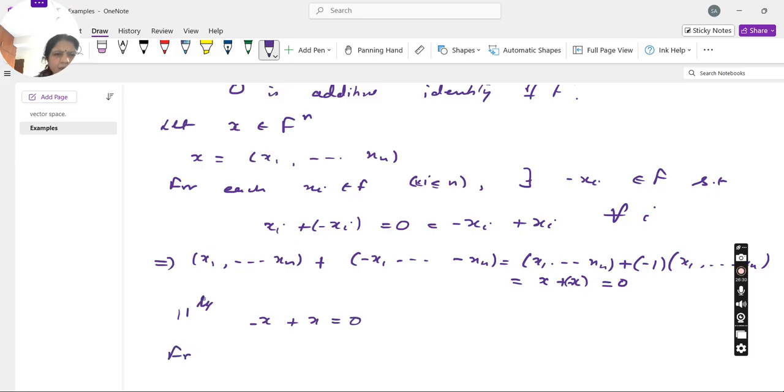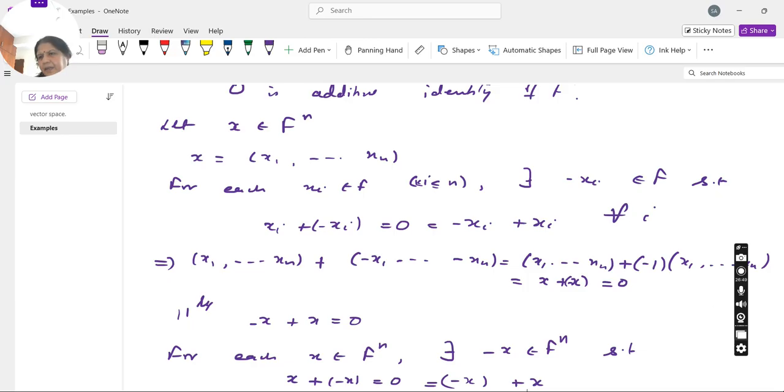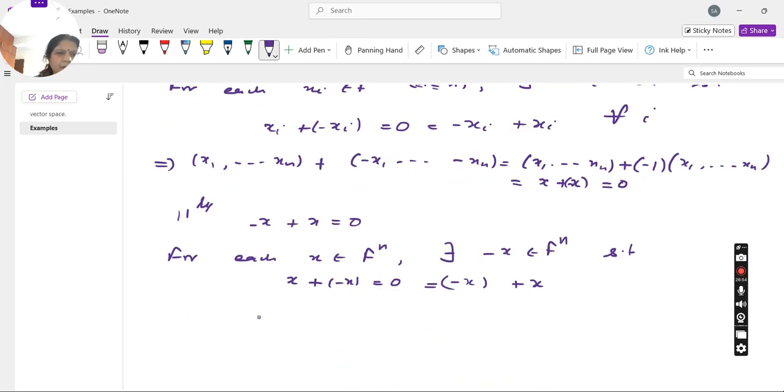That is, for each x belonging to this n-tuple of F, there exists minus x in n-tuple of F such that x minus x is 0, which is minus x plus x. So that means each element of this n-tuple of F has an inverse in n-tuple of F. Additive inverse.